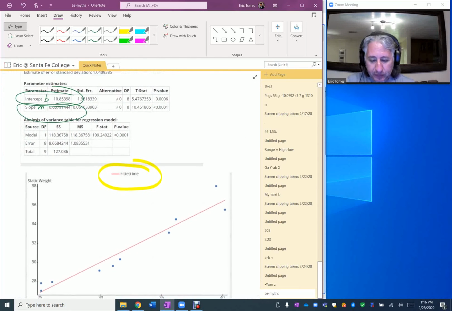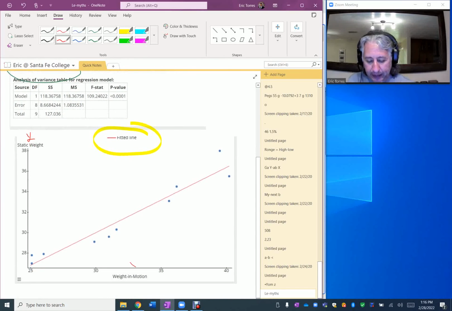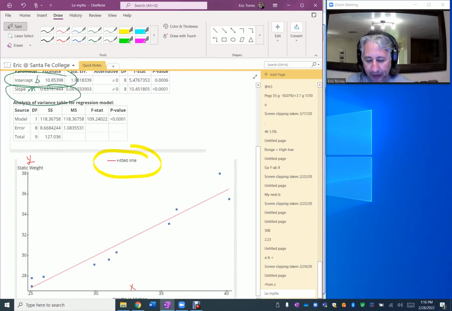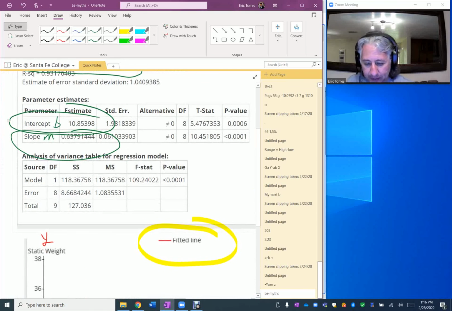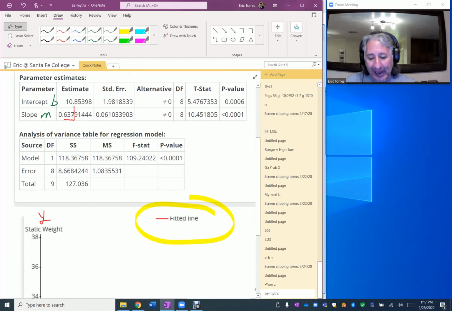So from here, using what I know about my line, the equation of this line, I'm just going to round it to 3 significant figures for this particular example, and using y as the static weight and x as my weight in motion, then the equation would be y equals the slope, and again, 3 significant figures. I'm going to round that 7 to an 8 because the number behind it is bigger than 5.